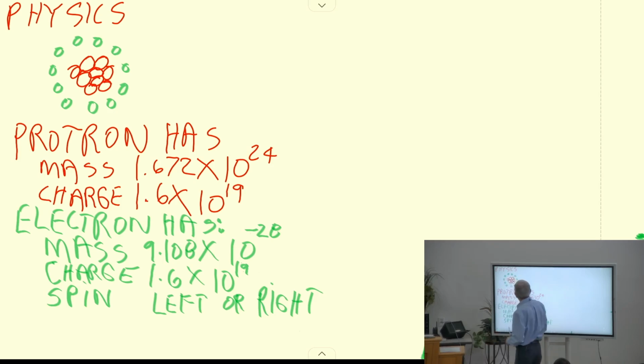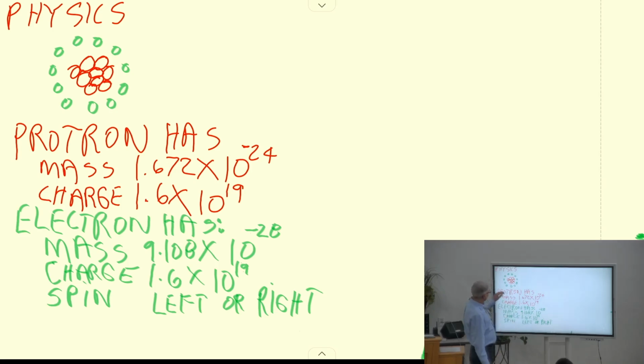So let's talk about what a proton is. A proton has mass, and it's 1.672 times 10 to the minus 24th. I'm using red for positive, green is negative. So here's a proton with its mass. A proton also has electric charge. That has everything to do with electricity.